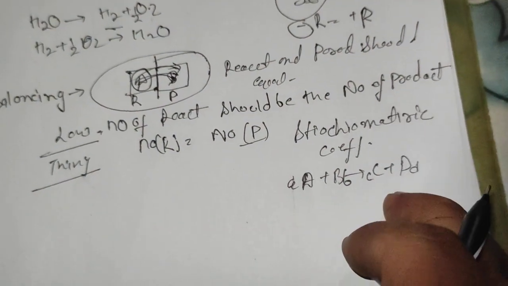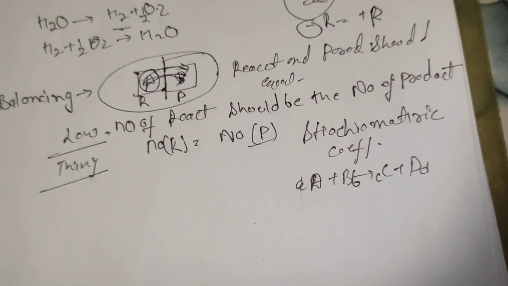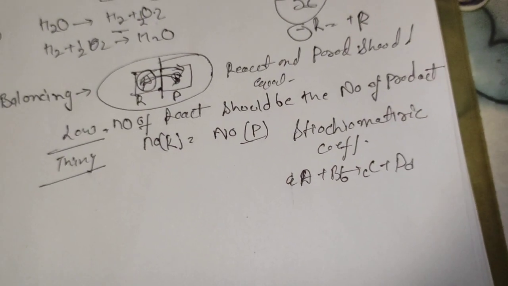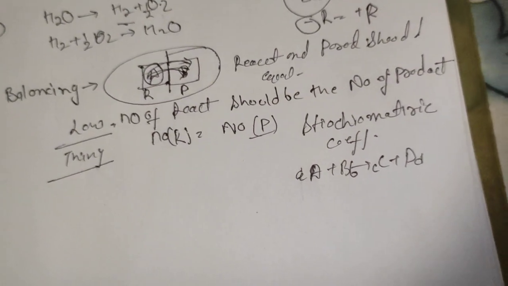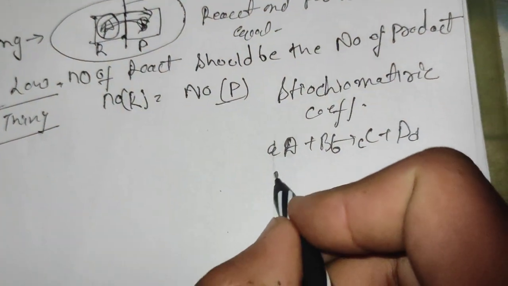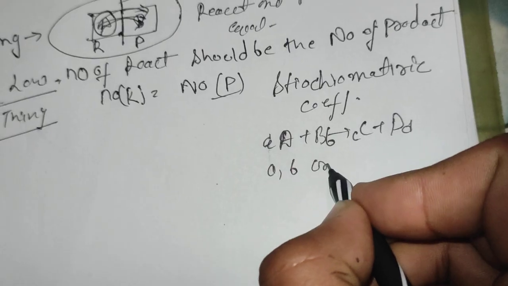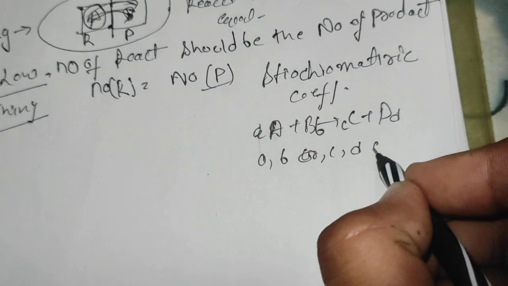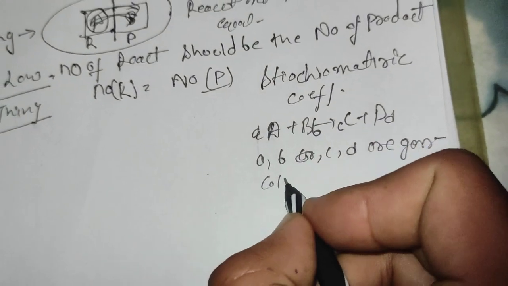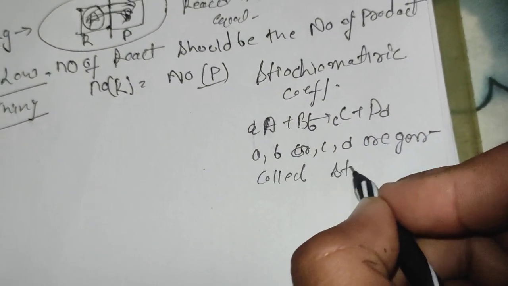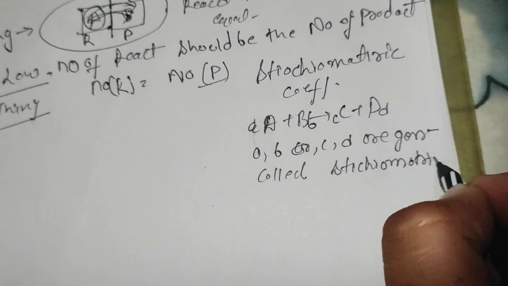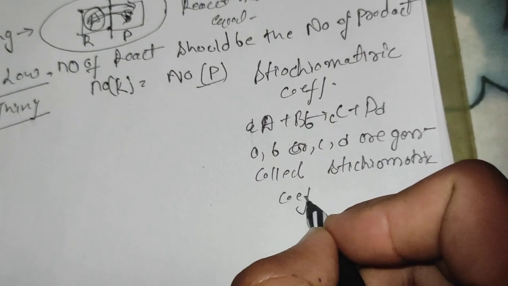Like 2 spoons of sugar in 1 ml or 2 ml of water, then create one sweet product. So these numbers for A, B, C and D are generally called stoichiometric coefficients.